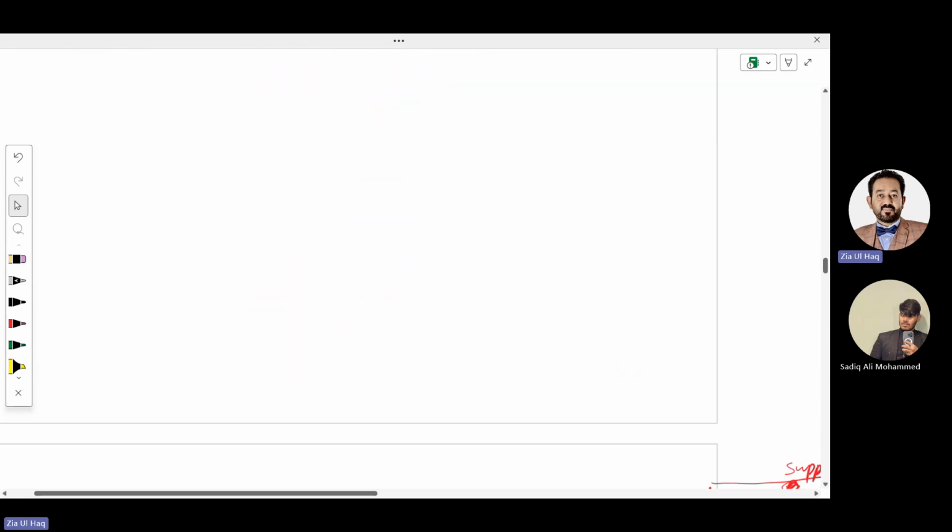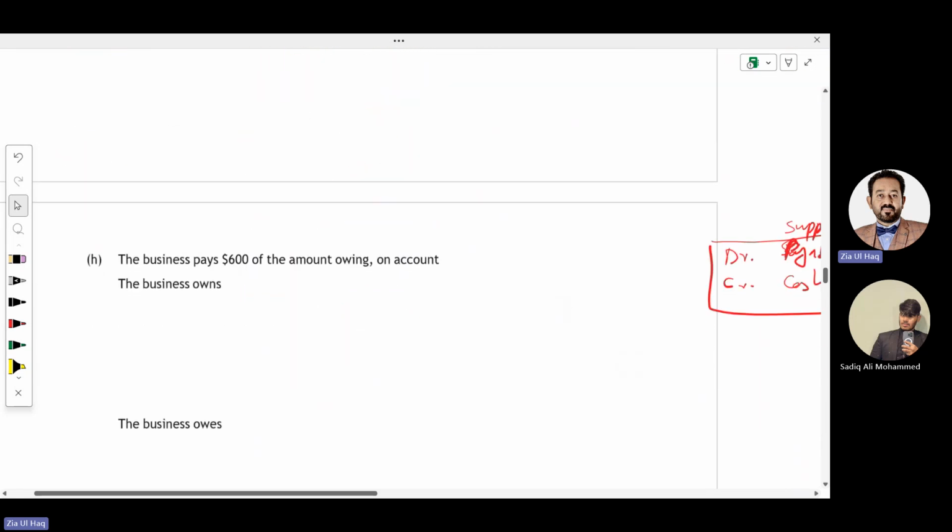Now this will be reduced by 600. So cash will be 6,400 minus 600. This will become how much? 5,800. The shop will remain same with 2,000. Car will remain same 3,000.